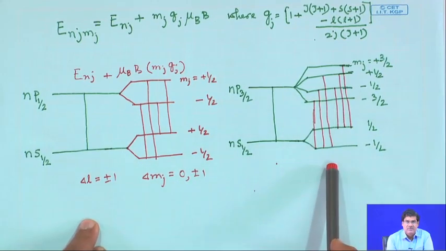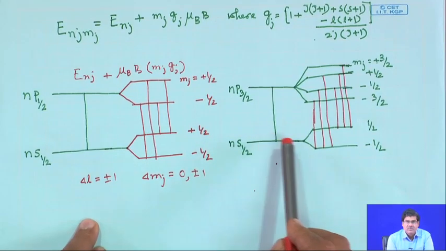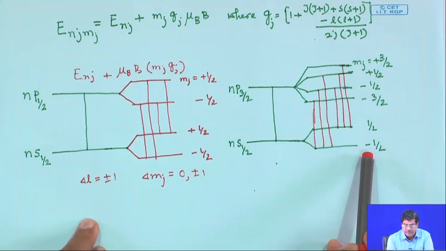So this one line without magnetic field will be split into 6 lines.